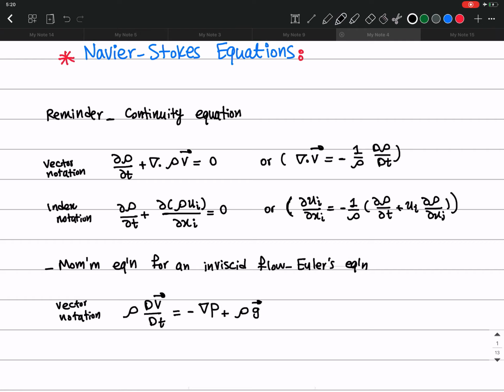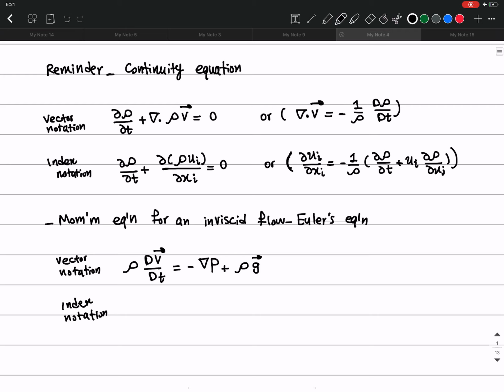Now let's go to the index notation of that. I'm just going to divide everything by rho, assuming that rho is constant.